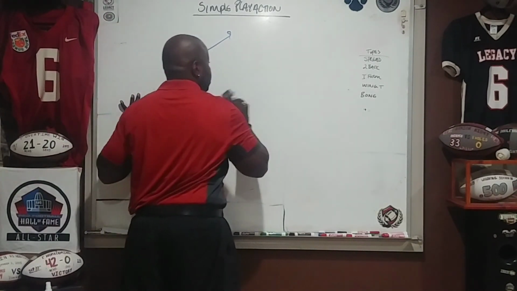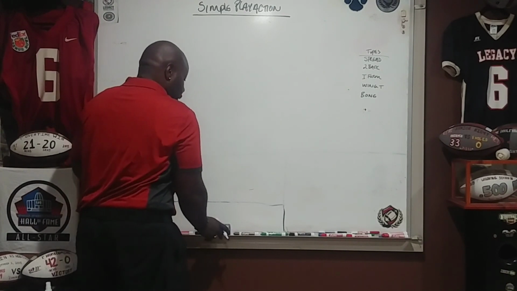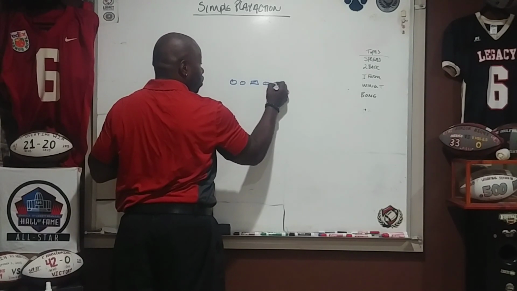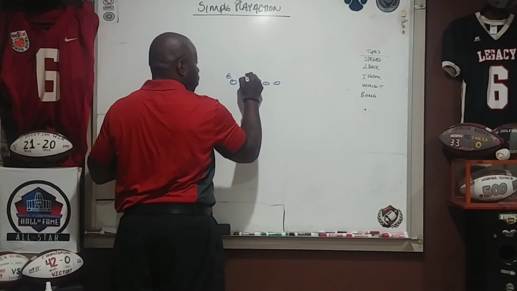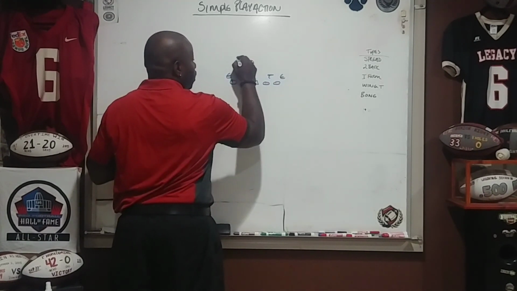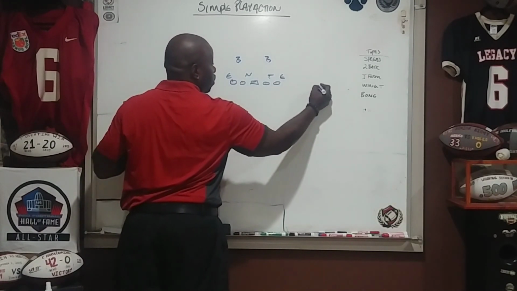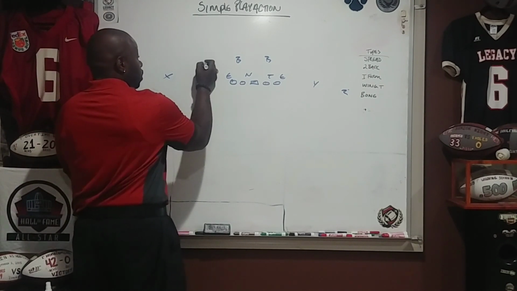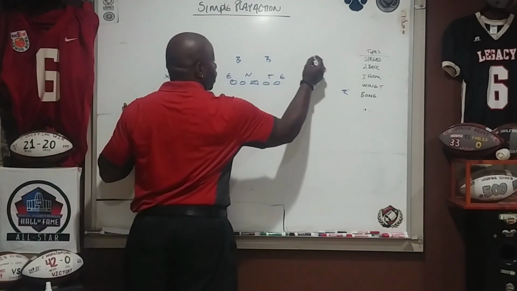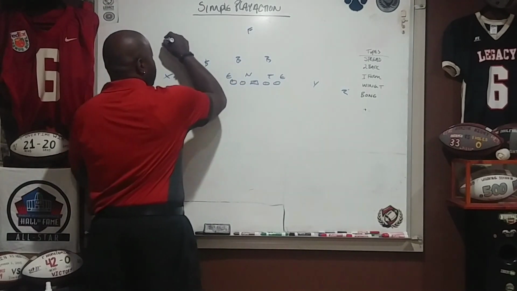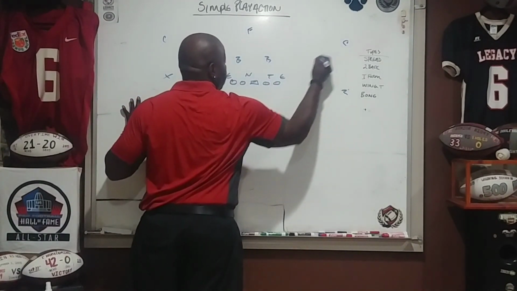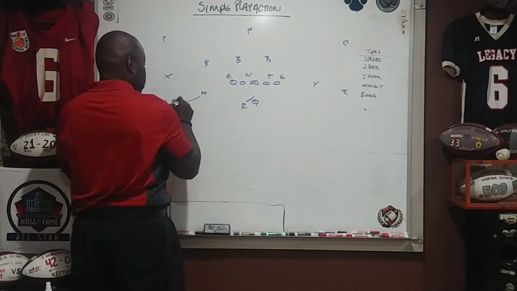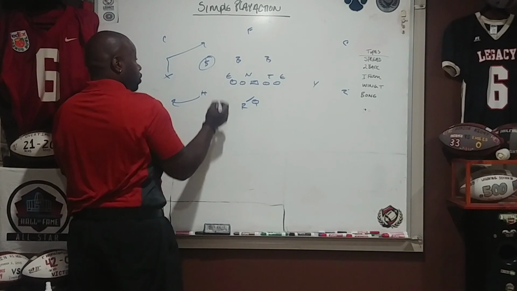And now with your new RPO game, you have some things like this. All right, now the new concept. We're going to run inside zone, and we're going to add something to it and we're going to read a player.